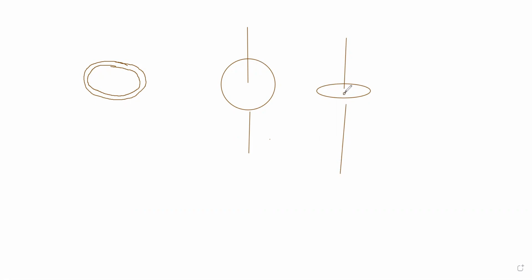So here you see at this point, at the center of the ring, do you have a mass? No, right? At the center of the ring, you don't have mass. Assume the mass of the ring is m.